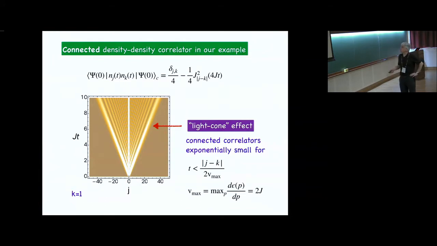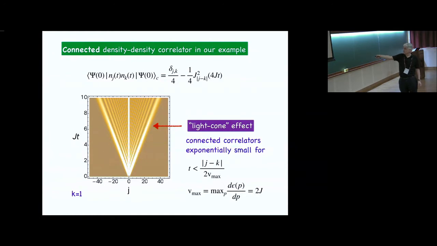Okay, and what you see is a very clear horizon effect or light cone effect. So basically, if I go to a fixed separation between the two densities, so let me take j equals 20, then I have to wait quite some time before the connected density correlations become sizable.